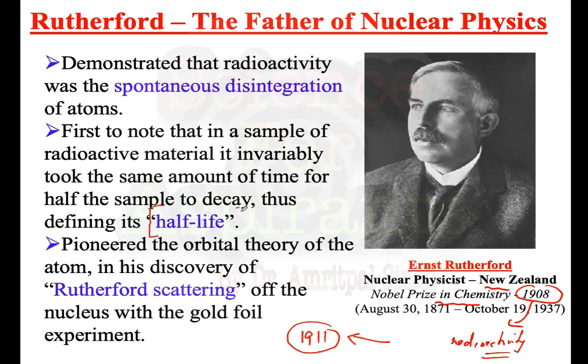So he explained the phenomenon of the half-life period of substances, and in 1907 he took the chair of physics at the University of Manchester in the United Kingdom. There he discovered the nuclear nature of the atom and was the world's first famous successful alchemist. He converted nitrogen into oxygen.